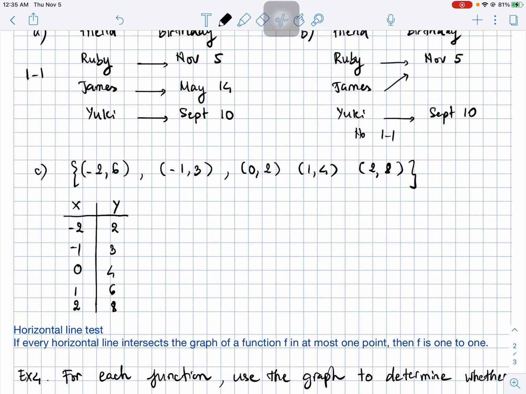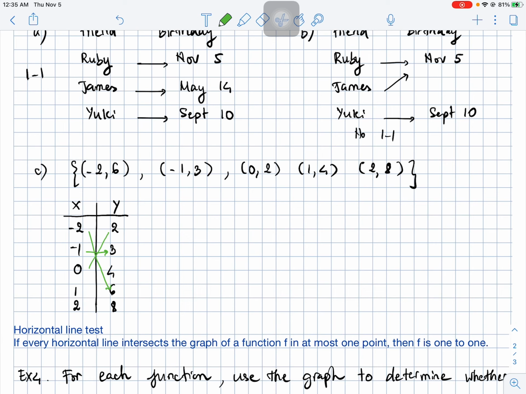Now we're going to draw the arrows. So -2 gives 6, right? -1 gives 3. 0 gives 2. So far, 3 different inputs give 3 different outputs.